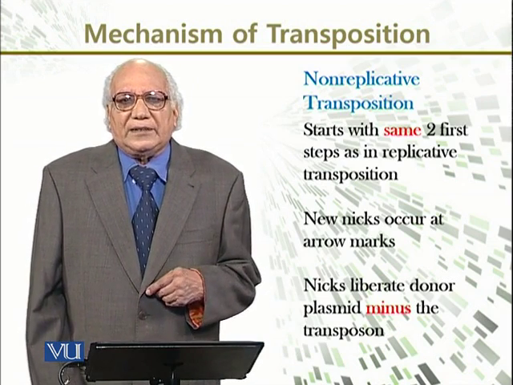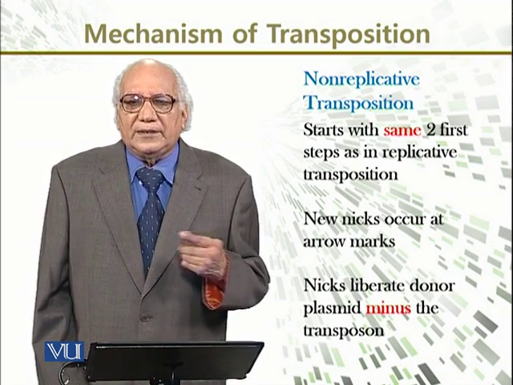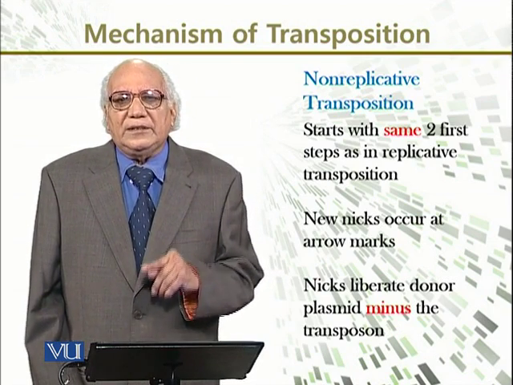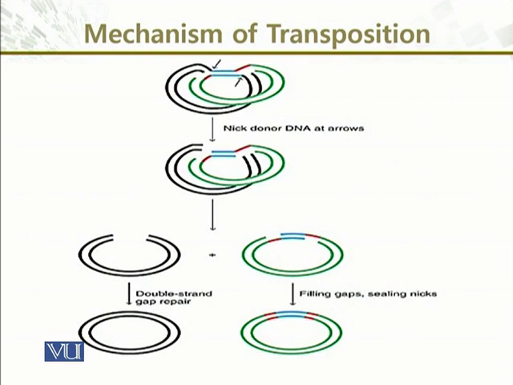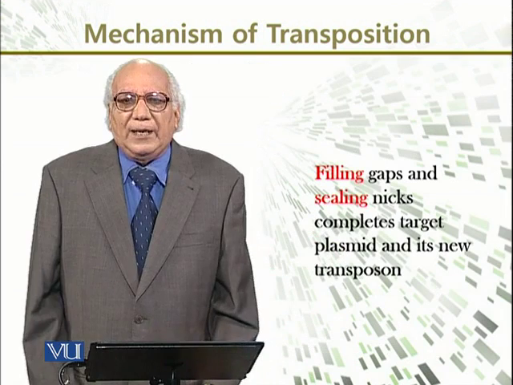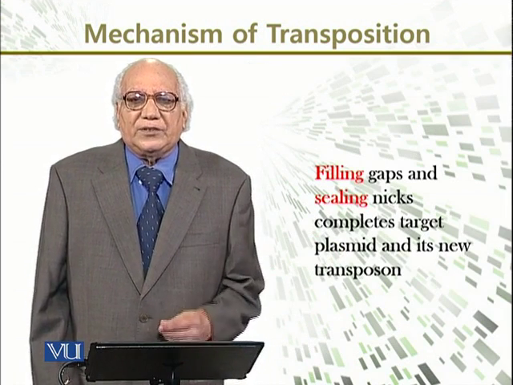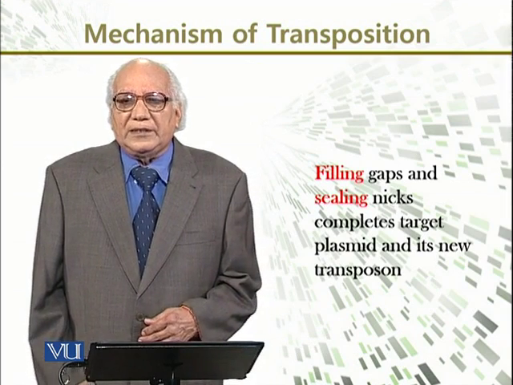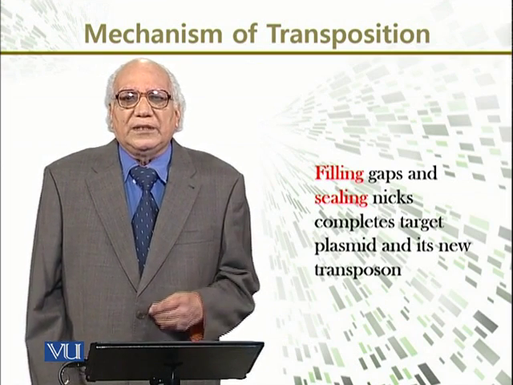As we have seen, the plasmid and the donor transposon are liberated, as shown here, where a nick occurs in the DNA at the arrow, and further a double-stranded DNA is made, and the gaps between the DNA strands are filled. Filling gaps and sealing nicks completes the target plasmid, and its new transposon is generated.